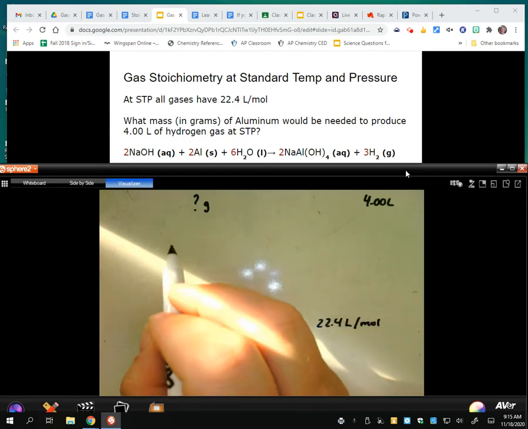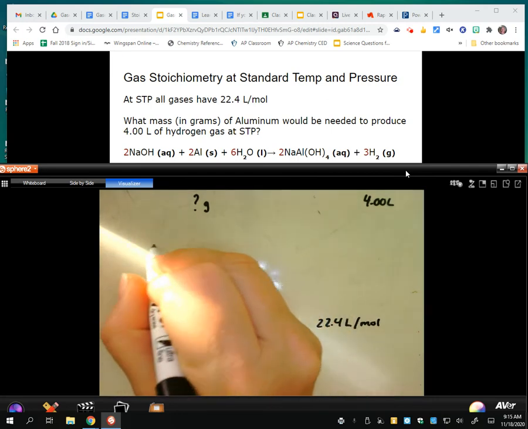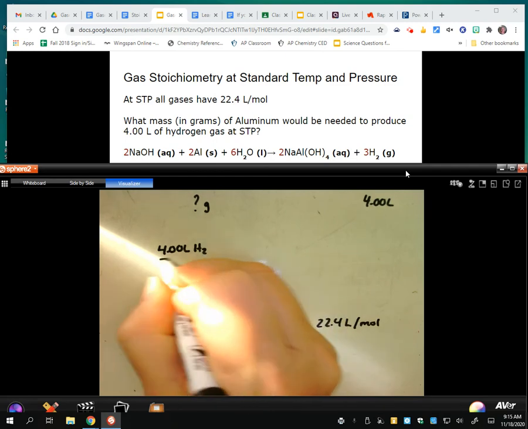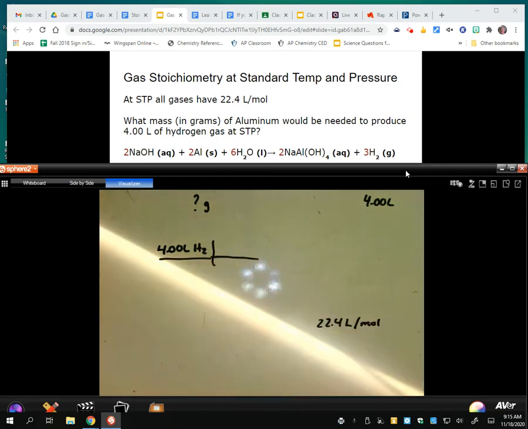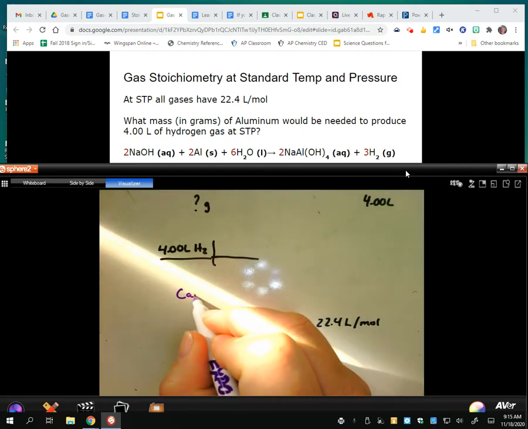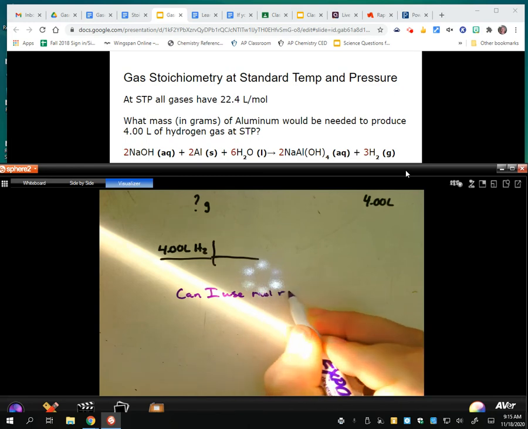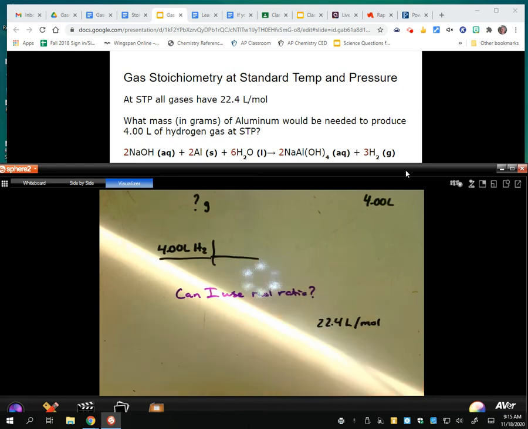So first thing I'm going to start with is the number they give me in the problem, 4 liters of hydrogen, making sure to write down my units and my identifier because that's what dimensional analysis is all about. And then I'm going to ask myself the guiding question of, can I use mole ratio? That's going to help me decide what needs to happen in each of these situations.